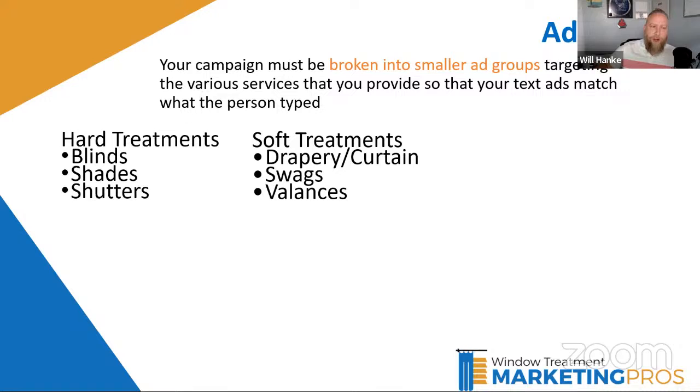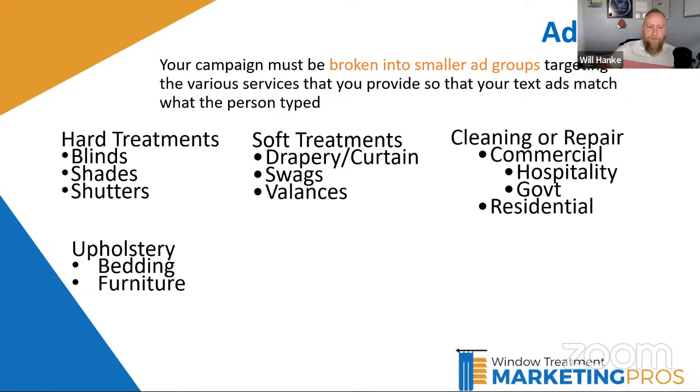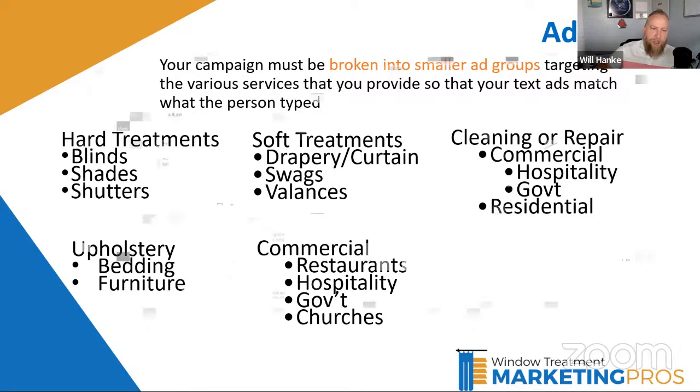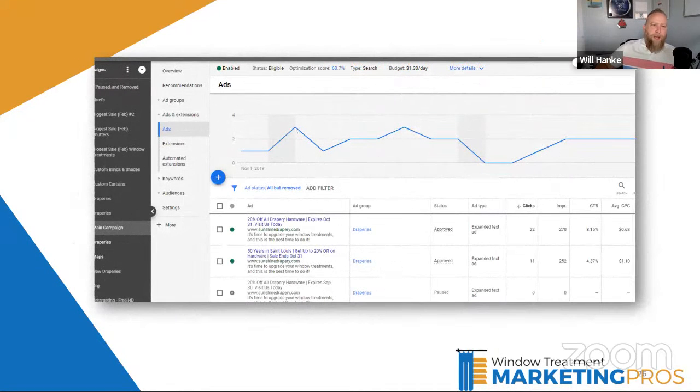And then on the hard treatments campaign, you would maybe want ad groups specifically for blinds, shades, shutters, those sorts of things. So that, again, you have a little bit more control, right? You could turn these on, turn them off, add budget, turn budget off, those kinds of things. So there's a lot of different ways that you could go about this. The cleaning or repair, if you do that, you can also kind of target specific different places, commercial versus residential. Lots of different ways to go about it.